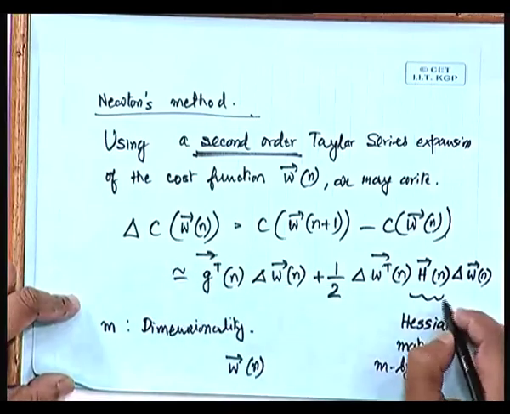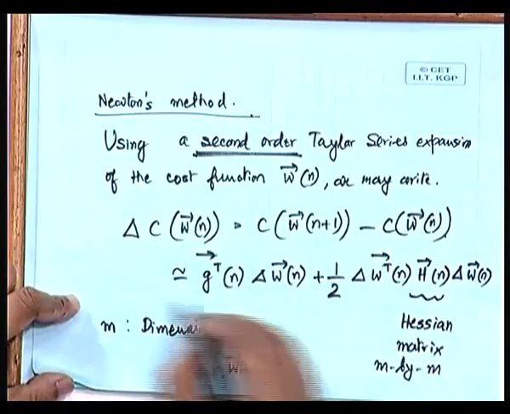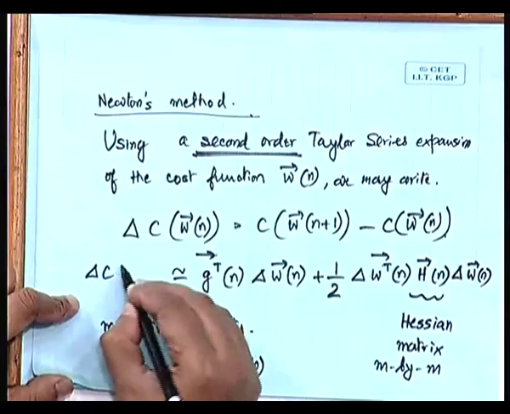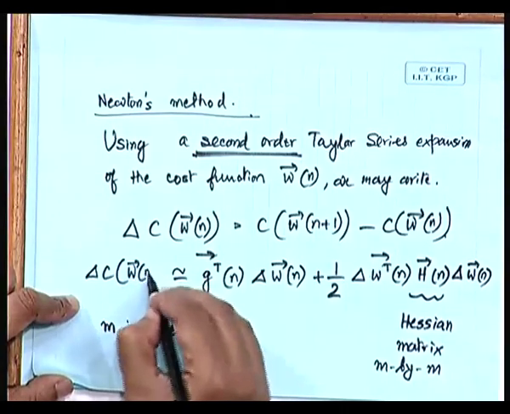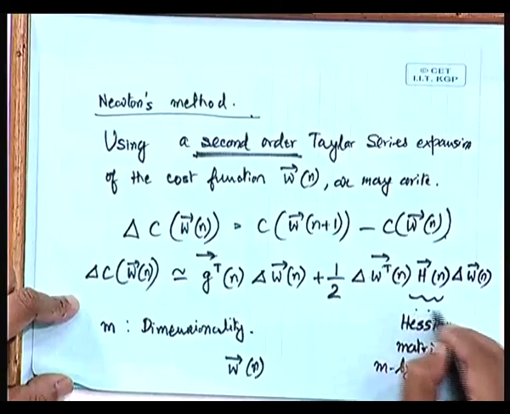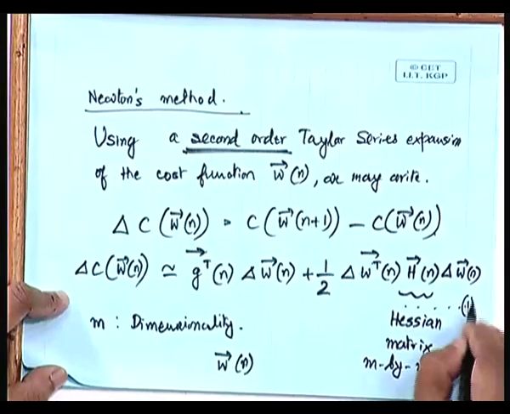So, let me put some number to this equation. Here it is delta C W n equal to this, and we put this as equation number 1.